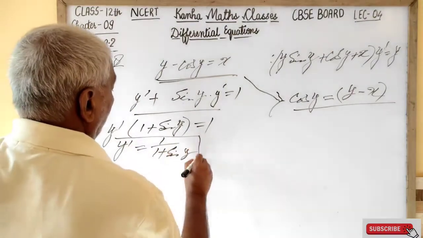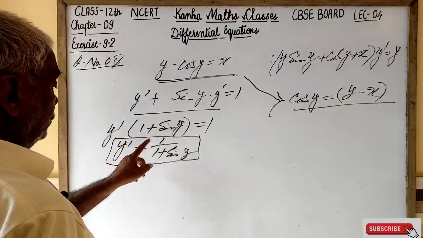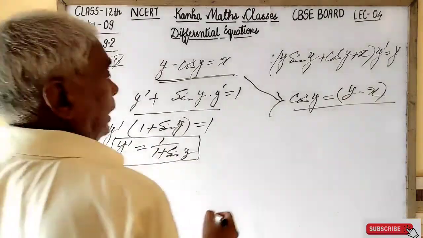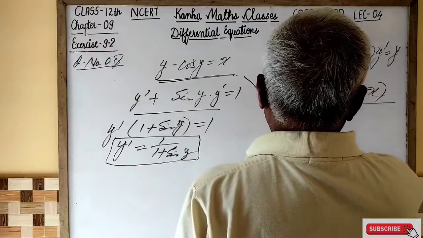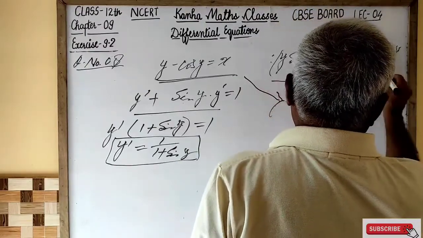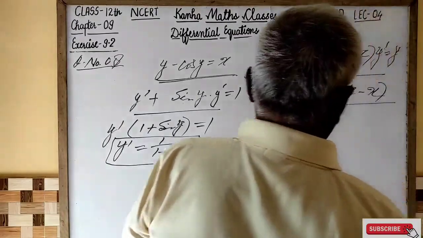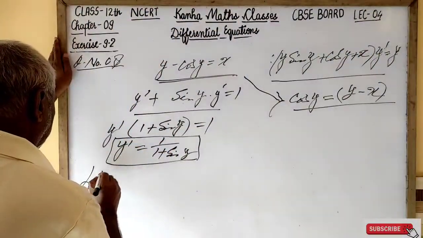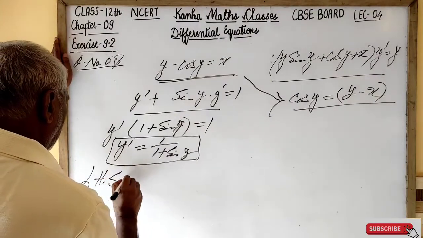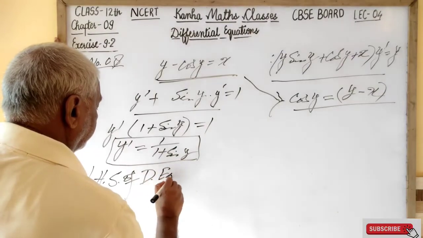Now we will substitute these two values, y dash is equal to 1 upon 1 plus sin y, and cos y is equal to y minus x, in the given expression on the left hand side of the differential equation.